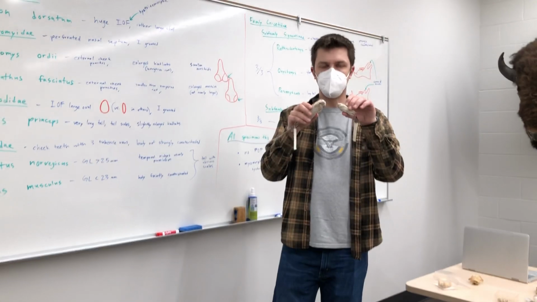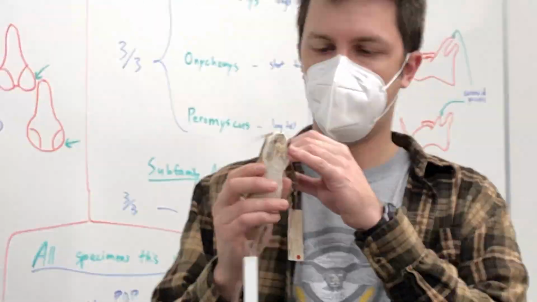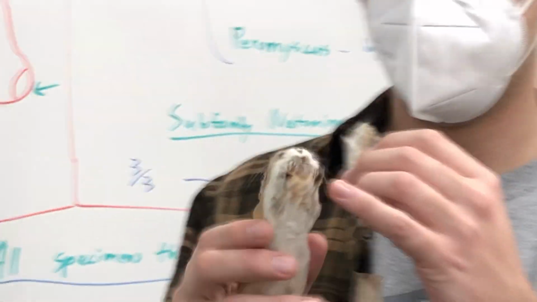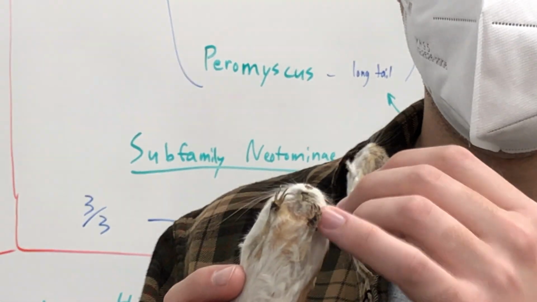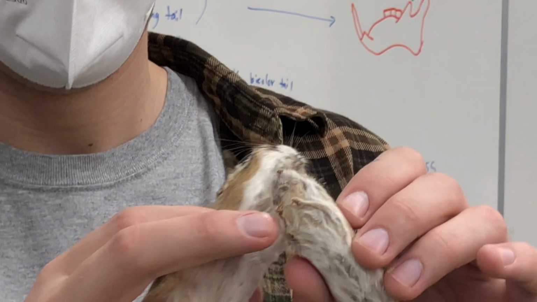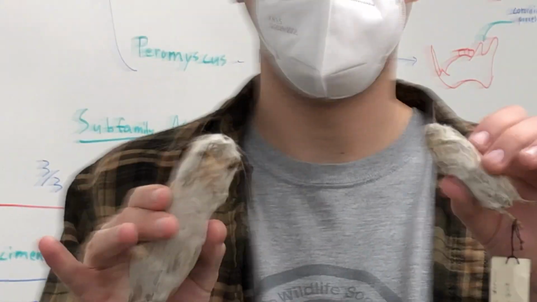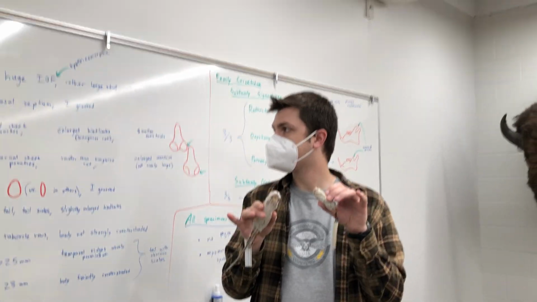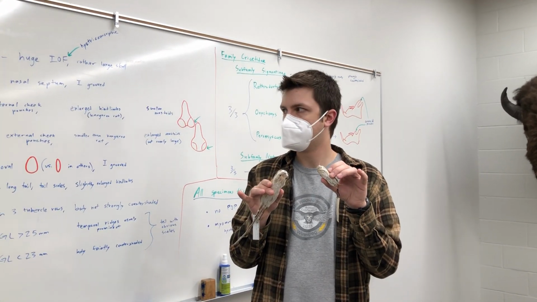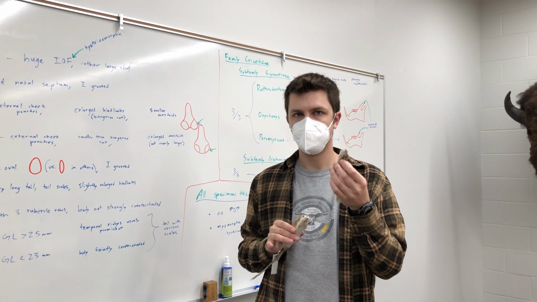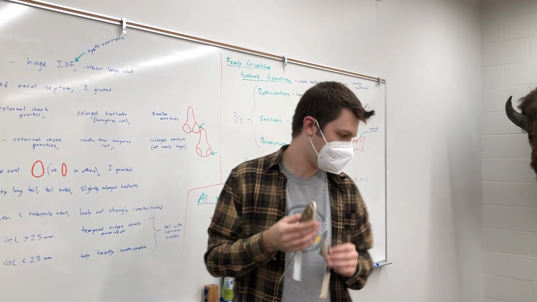If you look at these, you can see a line along the side of the face. There's a line there. That's the external cheek pouch where they can store food, and that makes these two different than the other mice and rats that we have. That's why we call this a pocket mouse, because that's the pocket.